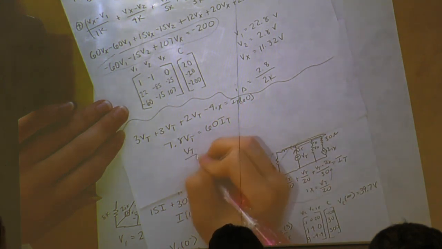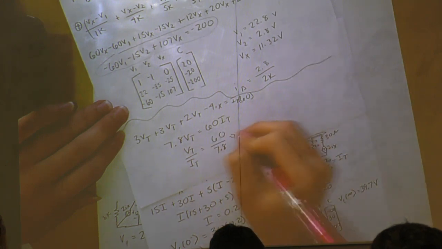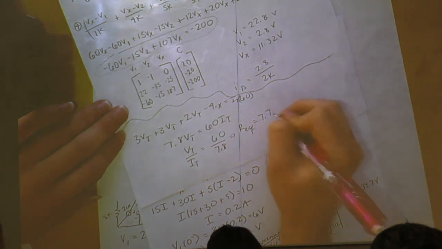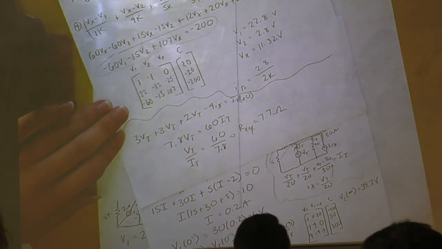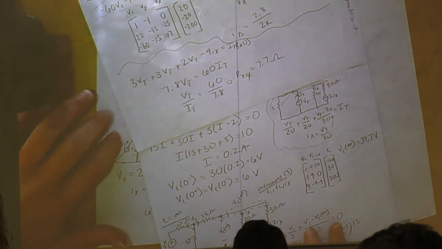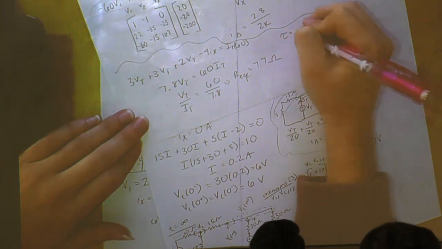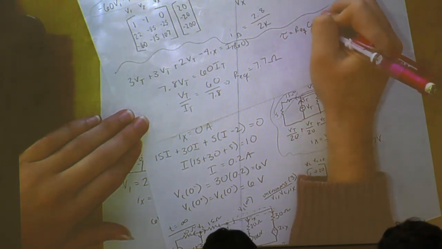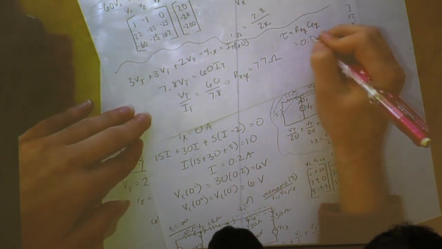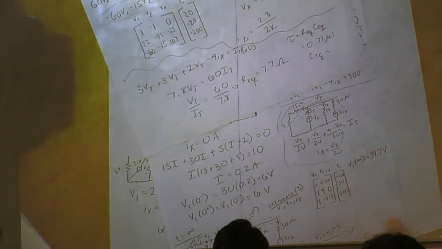VT over IT equals 60 over 7.8. So our REQ should be 7.7 ohms. So then our tau should come out to 7.7 times the capacitor we have, right? So it's 0.1 micro.